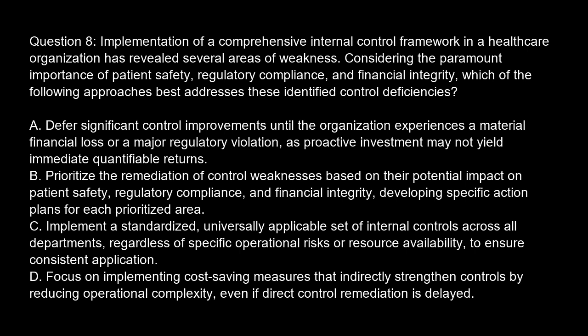Option C. Implement a standardized, universally applicable set of internal controls across all departments, regardless of specific operational risks or resource availability, to ensure consistent application. Option D. Focus on implementing cost-saving measures that indirectly strengthen controls by reducing operational complexity, even if direct control remediation is delayed.